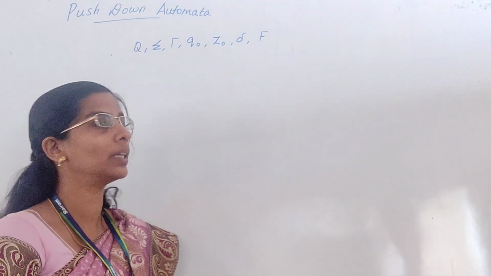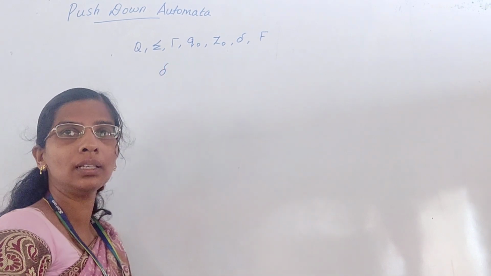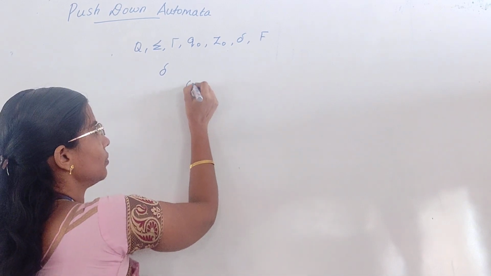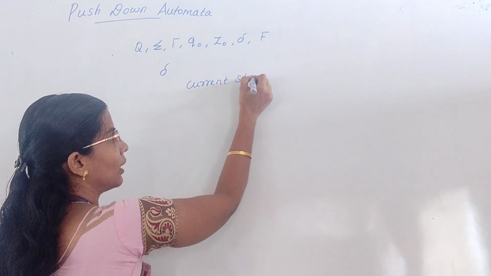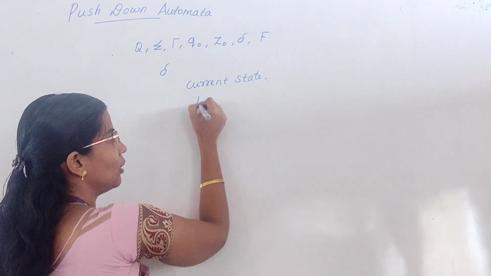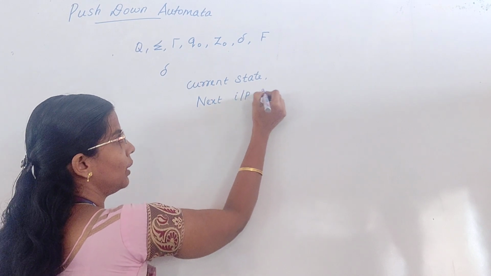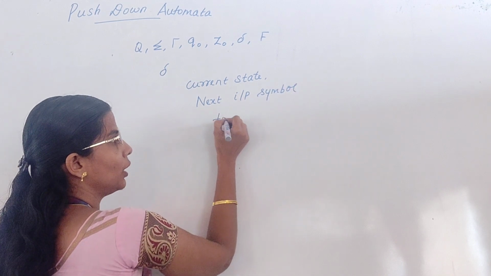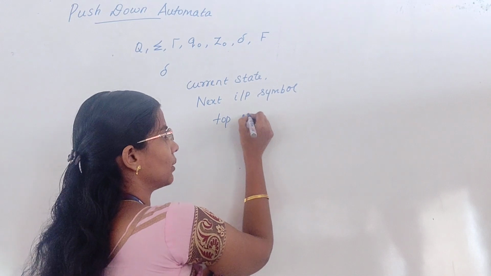This delta or transition depends upon the current state, the next input symbol, and the top of your stack.